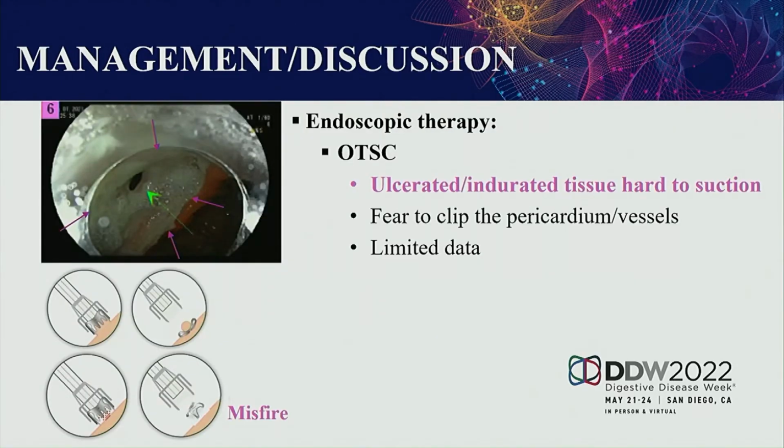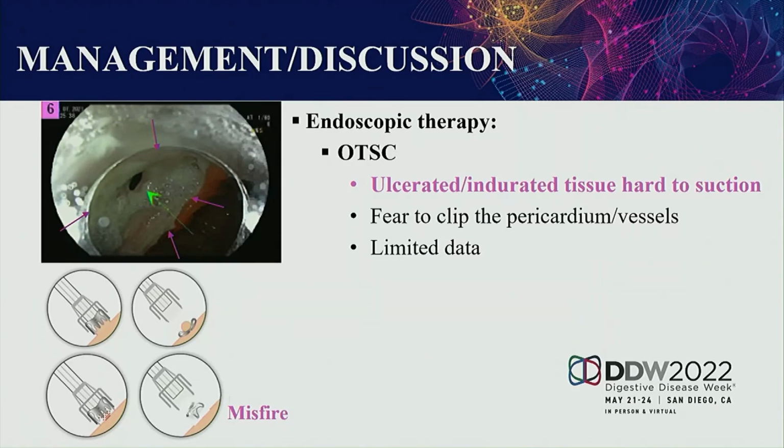Then after being done with the diagnostic purpose, we started to think about what kind of therapeutic options we could pursue. We thought about an over-the-scope clip, but unfortunately, due to the indurated tissue, which was hard to suction with possible misfiring, and the fear of clipping the pericardium or the pericardial vessels, this wasn't amenable.